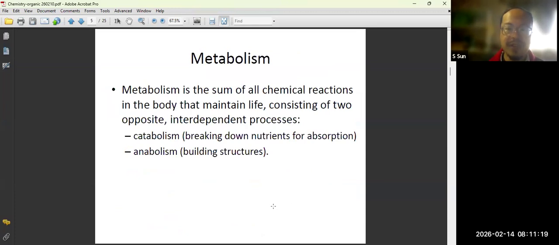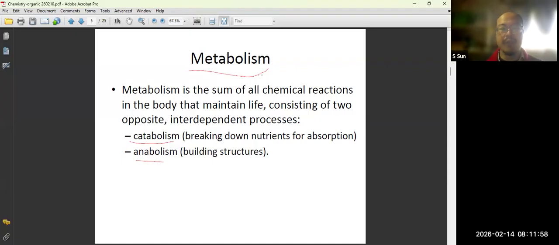This leads us to understand the chemical reactions. There are many chemical reactions in the body, but in terms of organic chemistry, the major processes that we are facing day and night are catabolism and anabolism. Breaking down the food, breaking down nutrients for absorption. Anabolism uses those monomers to build your cells, build your body. All of this together collectively is called metabolism.